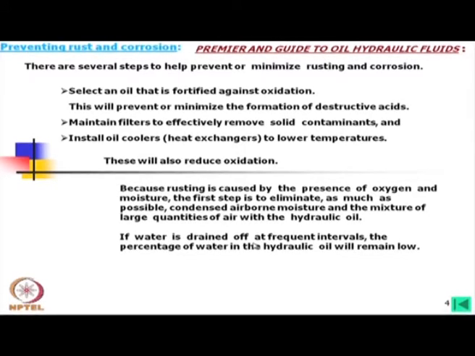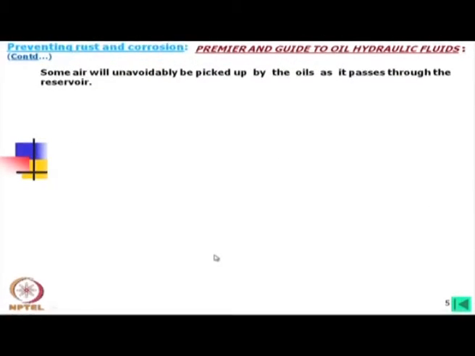If water is drained off at frequent intervals, the percentage of water in the hydraulic oil will remain low. Some air will unavoidably be picked up by the oil as it passes through the reservoir. This happens. We cannot isolate the hydraulic oil completely from the air.